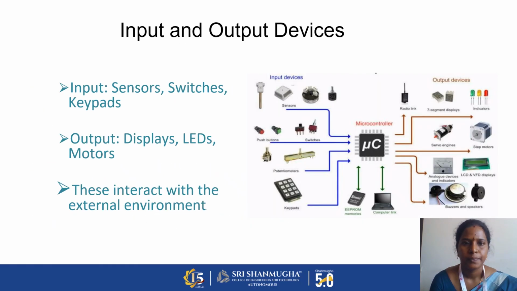For the input and output devices, there are a lot of sensors used depending on our application, and different types of switches and keyboards. The output part of the components is the display system, LED system and motors. So these interact with the external environment for sensing and displaying the current scenario.